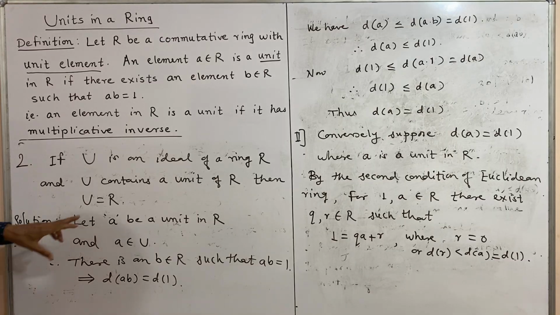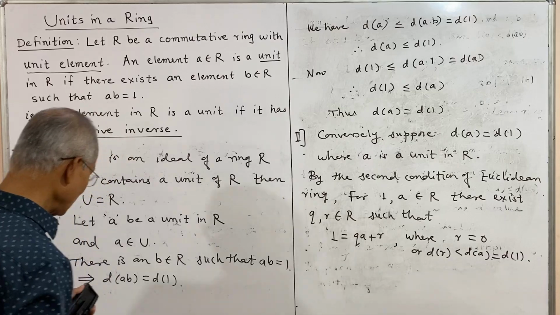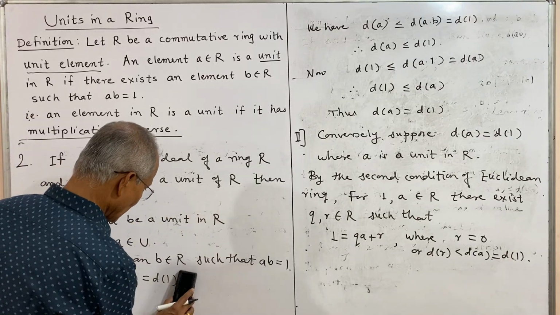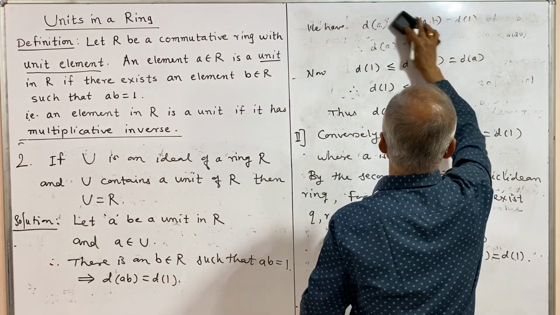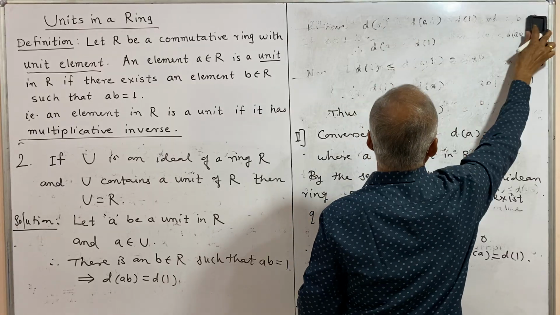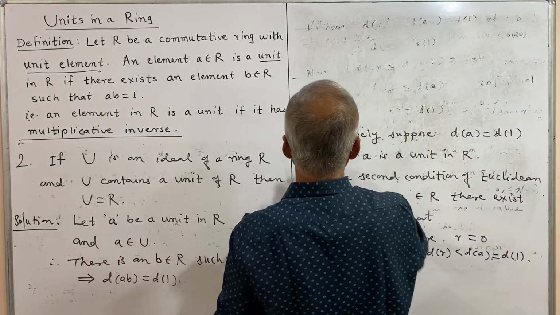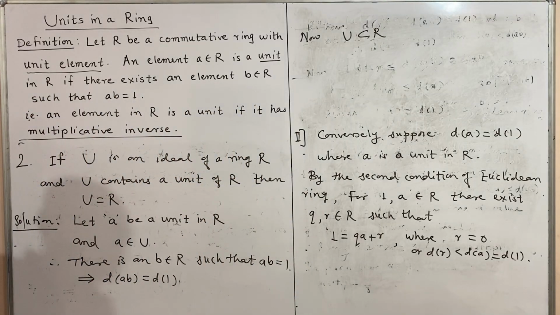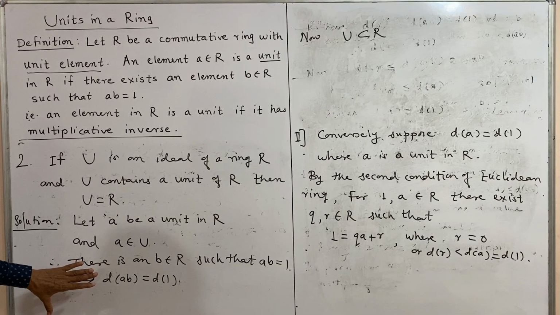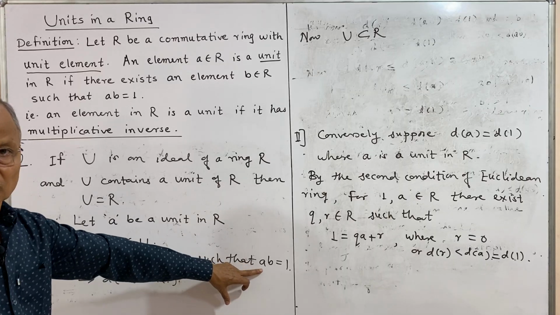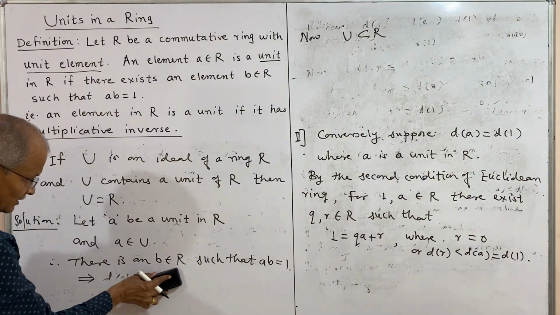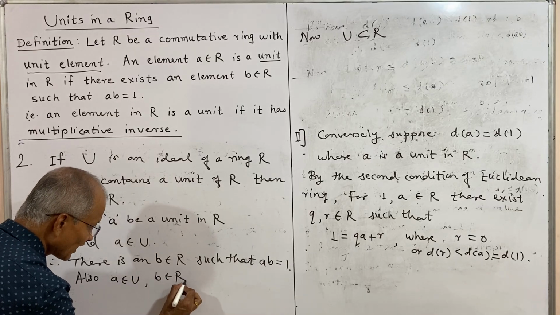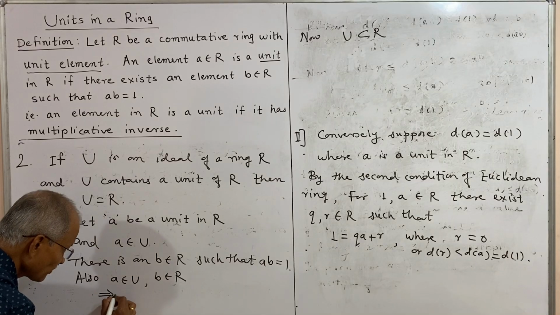Now what we have to show is U is equal to R. U is an ideal, so U is a subset of R. There is an element b such that ab is equal to 1, and because a belongs to U and b belongs to R, by the definition of ideal, the product ab belongs to U.